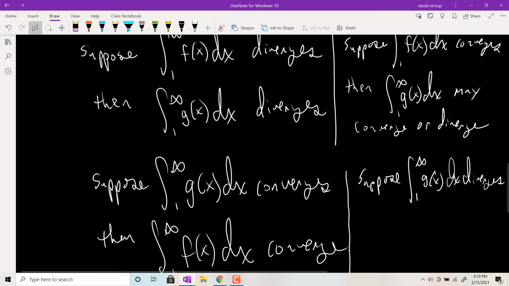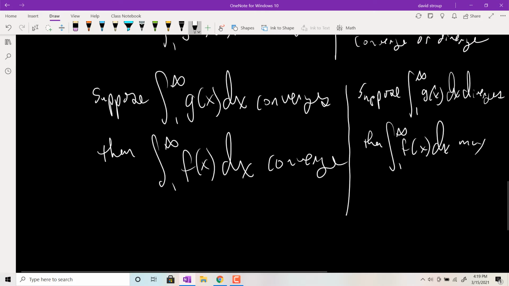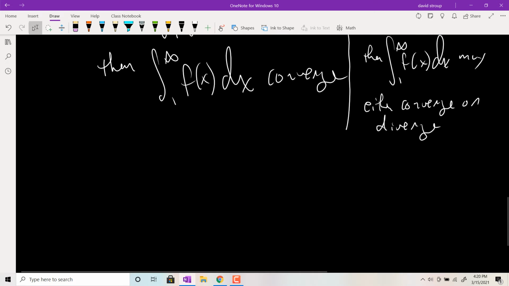So suppose that thing diverges, then the integral from 1 to infinity of f of x may either converge or diverge. So you got to be a little careful using this test, and by all means, please read the proof in the book if you get a chance.